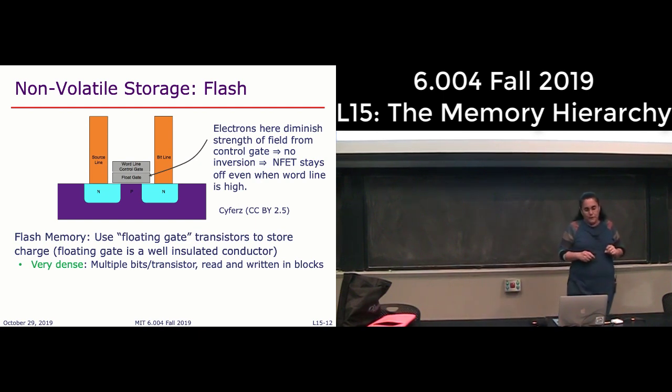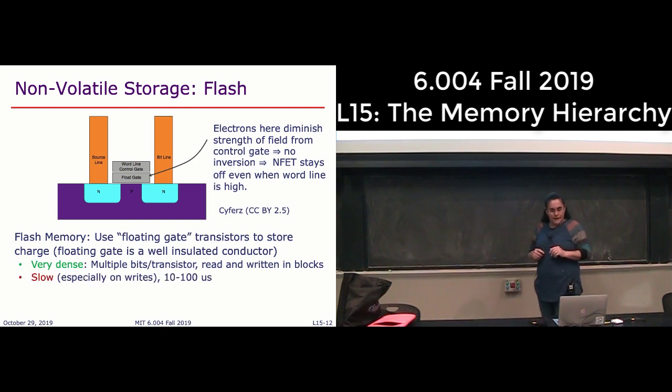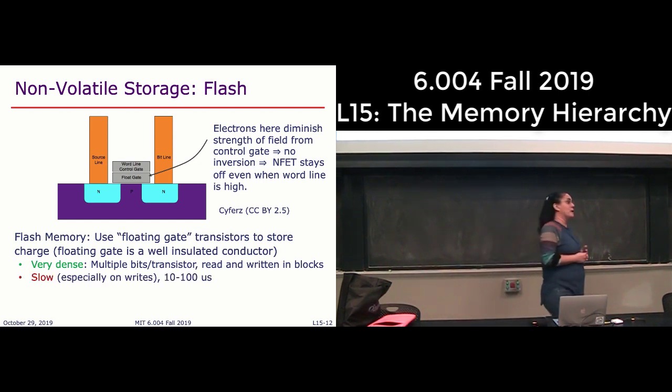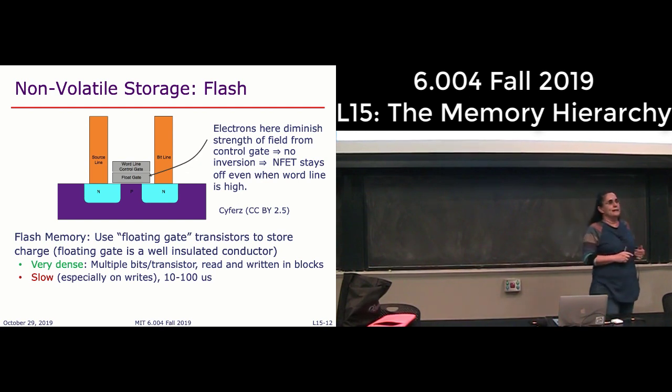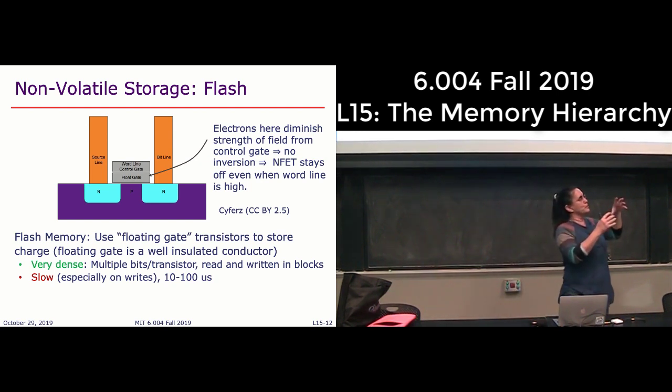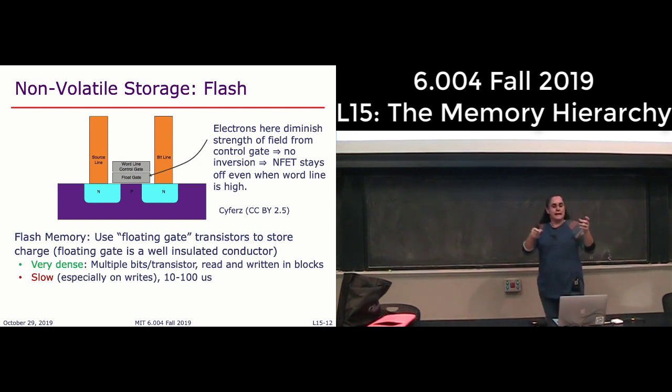All right, so that's great. The problem, however, with flash cells is, number one, they're extremely slow, especially on writes. The reason is that in order to write to these cells, you have to go through this very strong insulator to write new values into the floating gate. So it's very difficult to write to these cells.